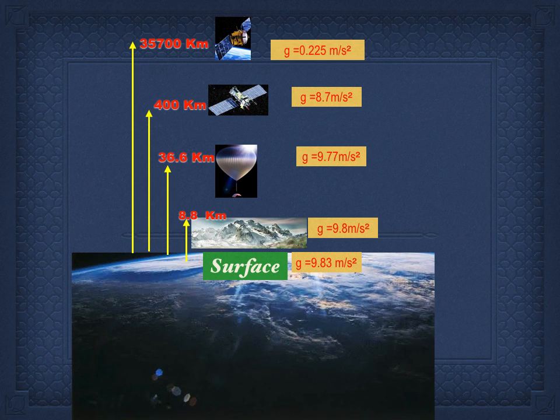The value of g decreases to 0.225 meter per second square. So we can say that the change in the value of g is due to the large change in the distance of the satellite from the center of the earth. So this shows that as we go higher and higher, the value of g decreases.